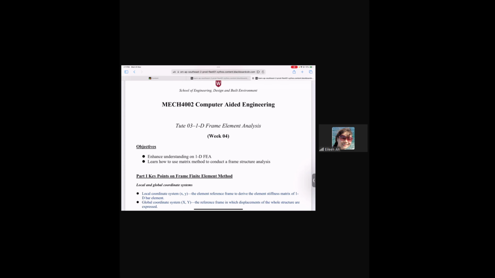Okay, last week we practiced how to solve truss problems. And also we know 1D elements include truss elements and also beam frame elements. So this week, let's have a look at another problem.